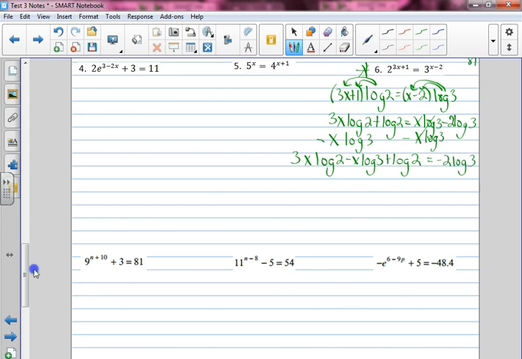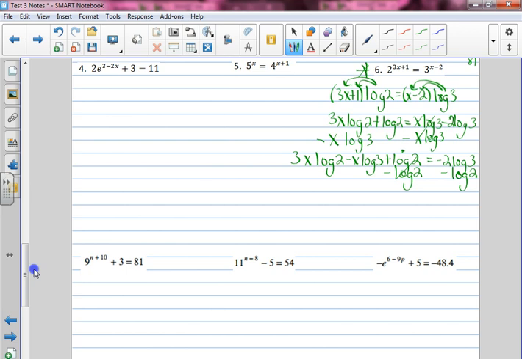Now the reason I didn't combine the 3x log of 2 and the negative x log of 3 is because they're not like terms. Now I need to get that logarithm right here that has no x on the other side. So I'm going to subtract the log of 2 on both sides.